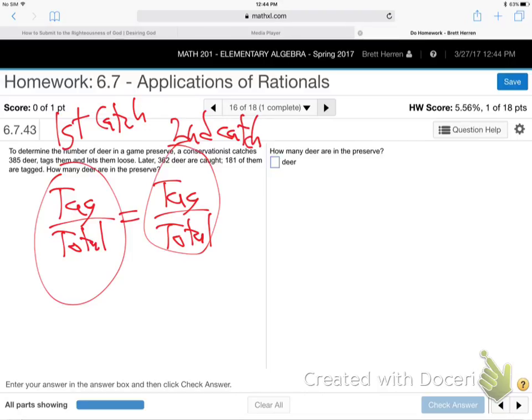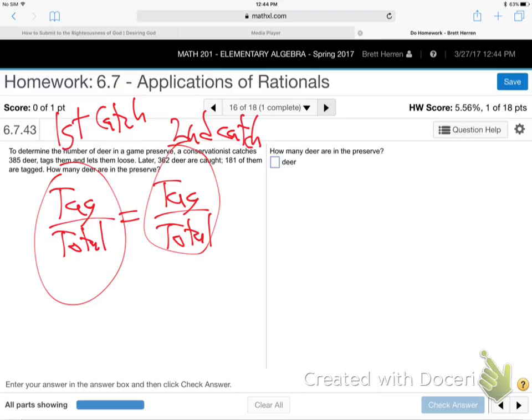We're basically doing ratios. It's this third kind of word problem, ratio, that they're using a ratio to do it. Tagged fish over total fish in the first catch equals tagged over total in the second, because the ratio's not going to change, right? In a week, it's going to be the same portion of tagged fish or rabbits or deer. So here we go.